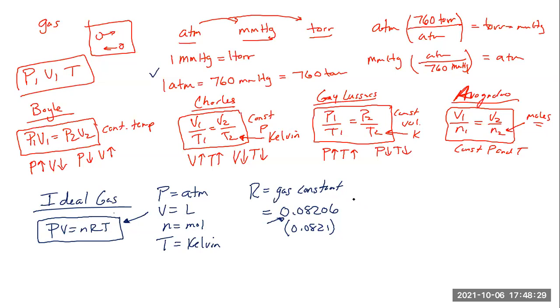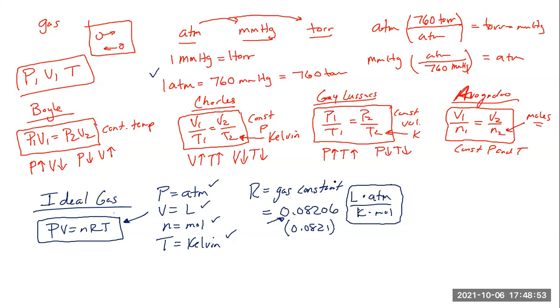But the units associated with the gas constant are liters times atmosphere on top, Kelvin times mole on the bottom. And that is exactly why all these other values need to be in these units, so that when you use R in the calculation, all the other units will cancel out correctly.